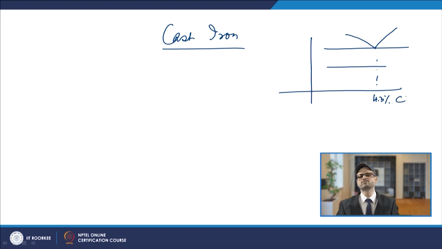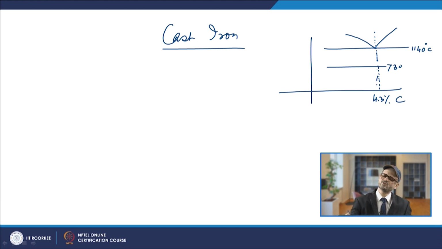This other line is at about 730 degrees centigrade approximately. Now, this is your eutectic composition. You always prefer to have this composition, so that you can get the eutectic mixture of austenite and ledeburite.